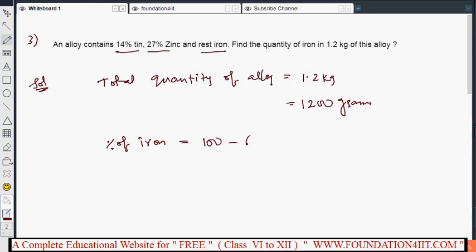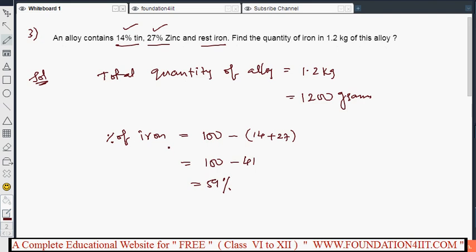So 100 minus sum of the tin and zinc, that is 14 plus 27. Because 14 is tin and 27 is zinc. So 14 plus 27 you add, that is 41, and subtract from 100. So 59. Okay, 59 percentage is iron.